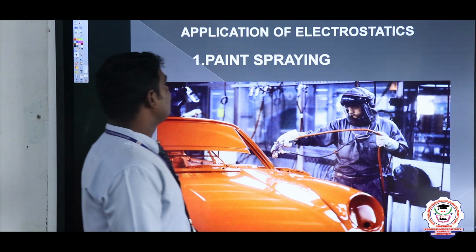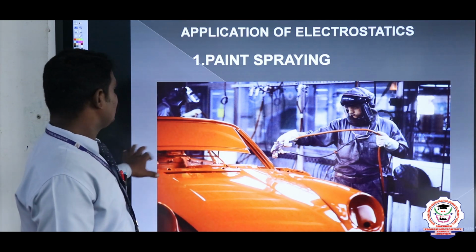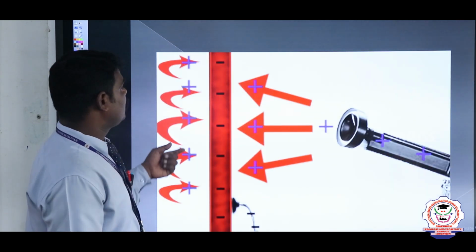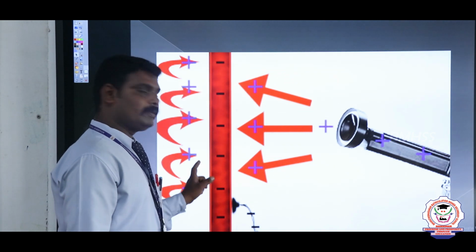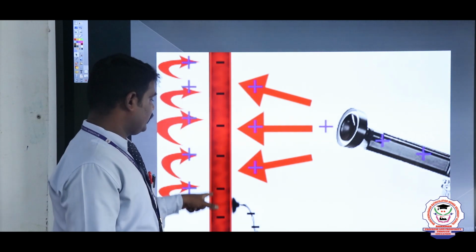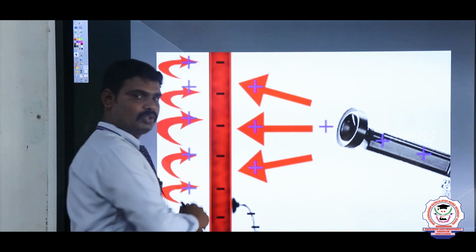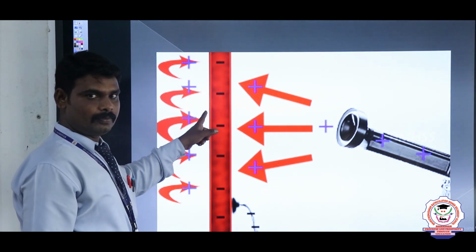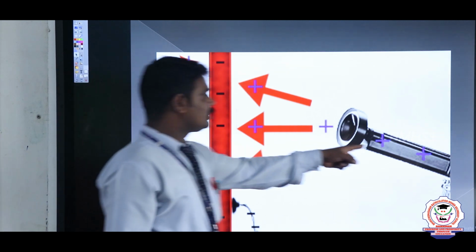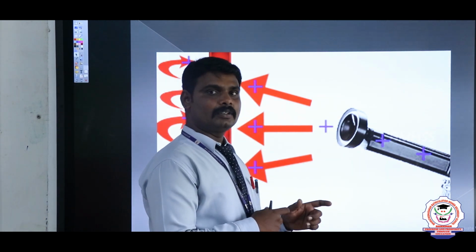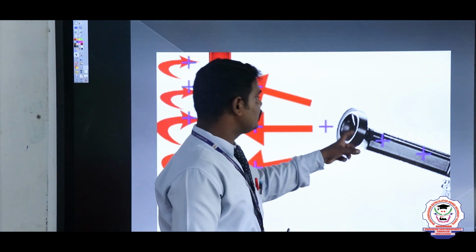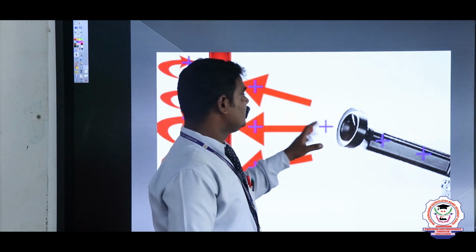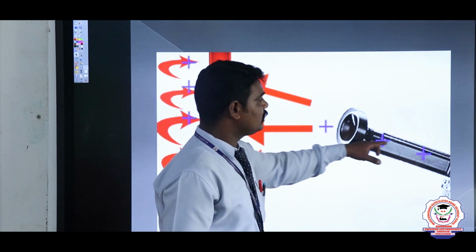By this force we can do it. This is our car body, we apply negative charge, so the body acts as a negative charge. This is our gun, from which the paint is sprayed, and that paint acts as a positive charge.